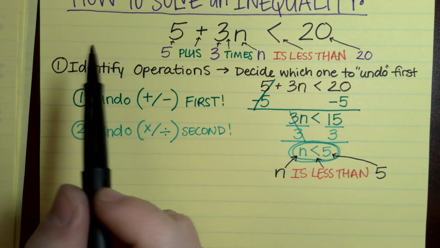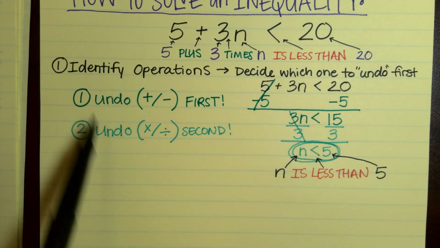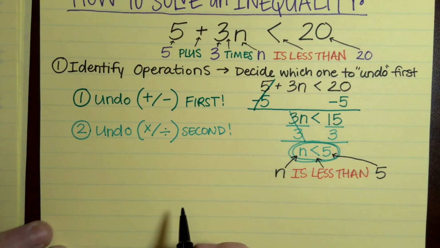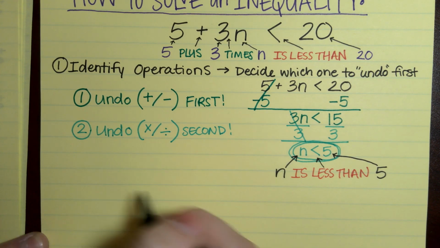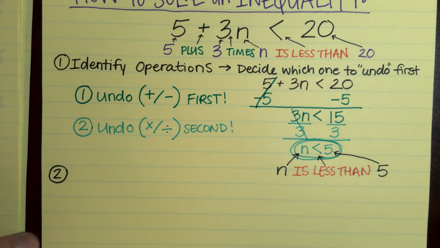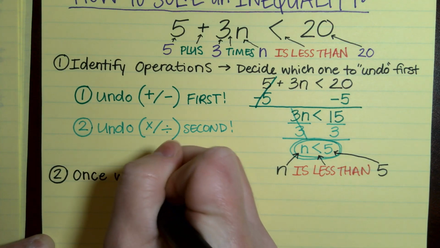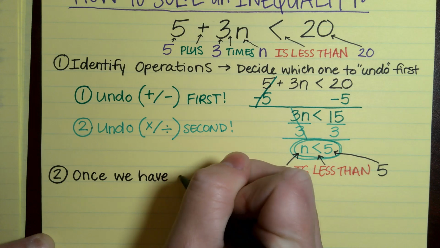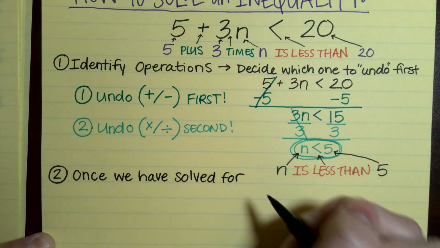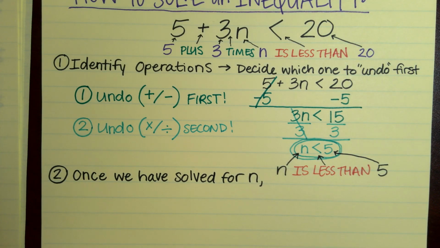So step 1 was identifying the operations, deciding which one to undo, and then within step 1 we actually do that. We undo everything. So step 2 is once we have solved for n, we begin making our graph.